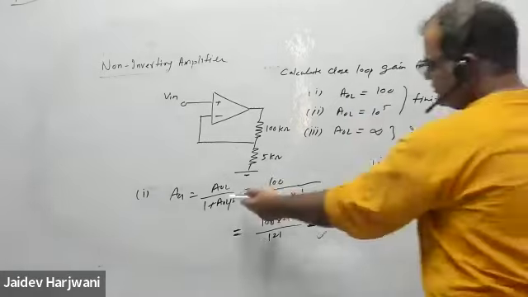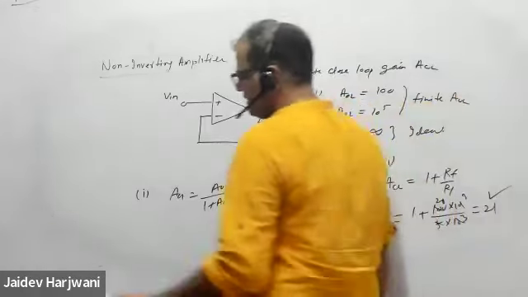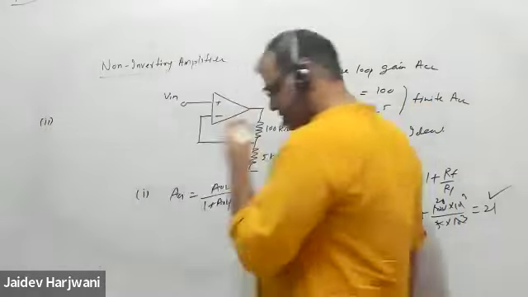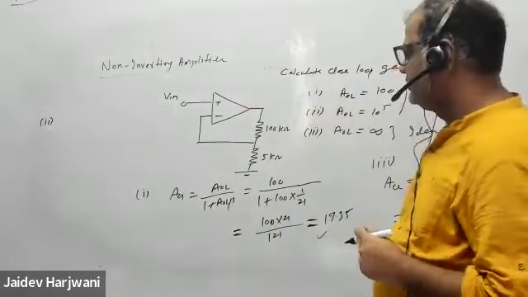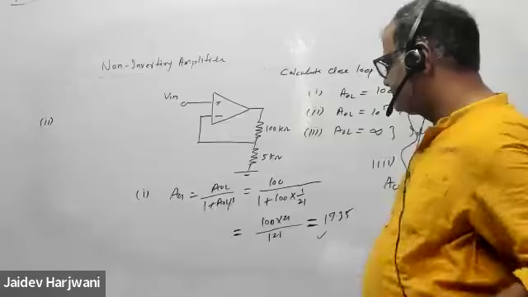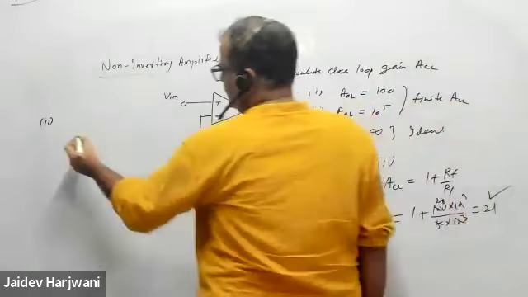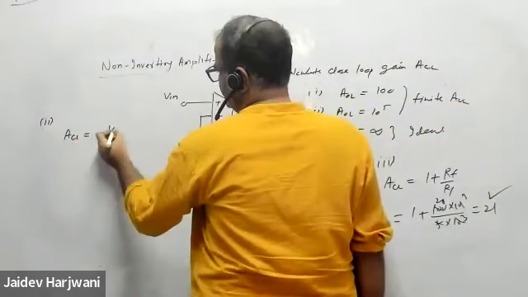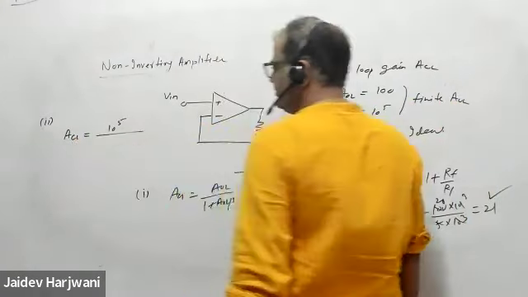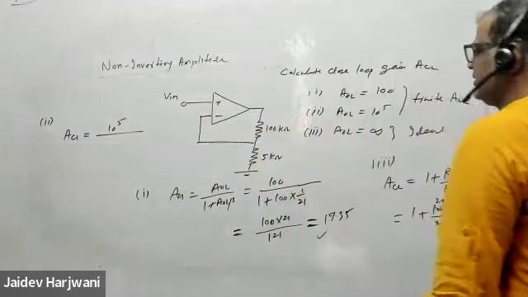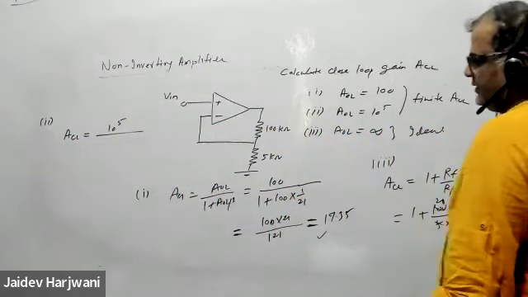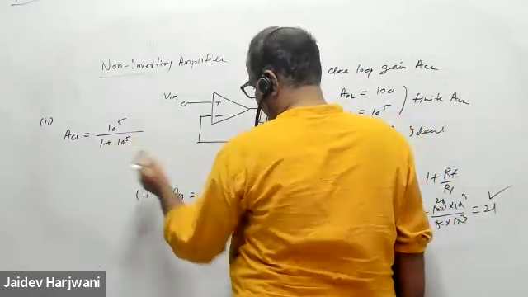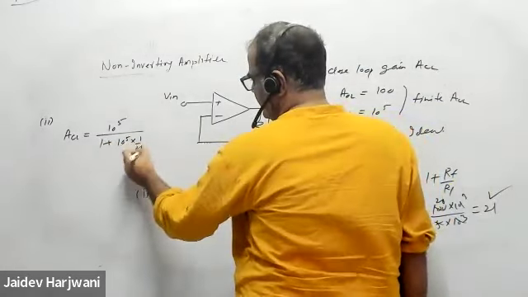And now let us see if gain is 10 raised to power 5, then what happens? Then also you can use this formula, and you see what has happened for the second case. Your closed loop gain will become AOL is 10 raised to power 5 upon 1 plus 10 raised to power 5, beta is 1 by 21.